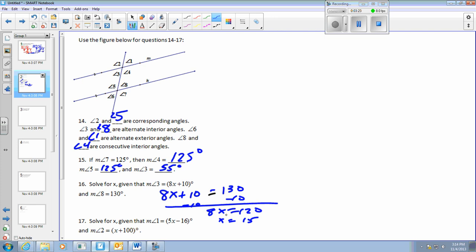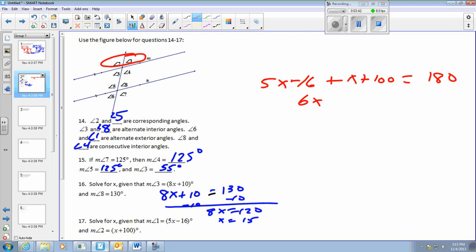For number 17, they say that the measure of angle 1 and 2, well, 1 and 2 would make a linear pair. So I'm going to say 5x minus 16 plus x plus 100 has to be equal to 180. Simplifying, I get 6x plus 84 equals 180.